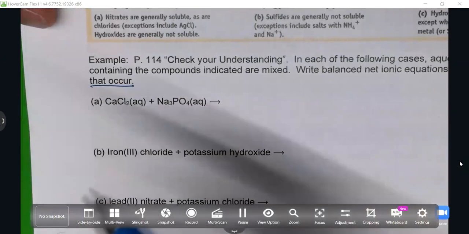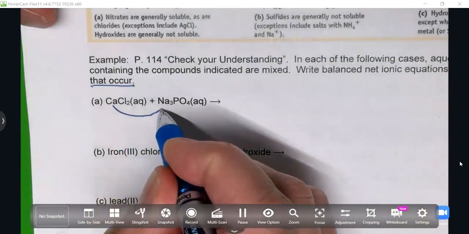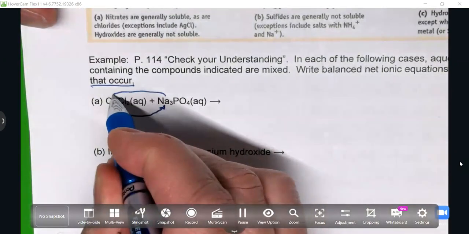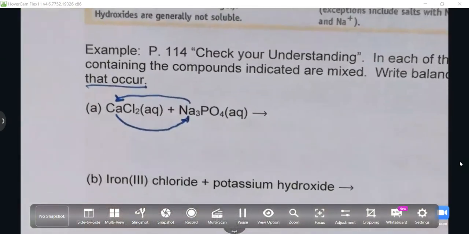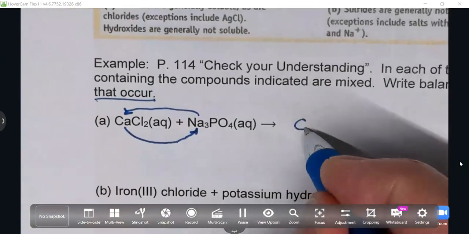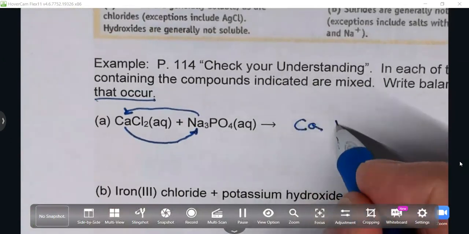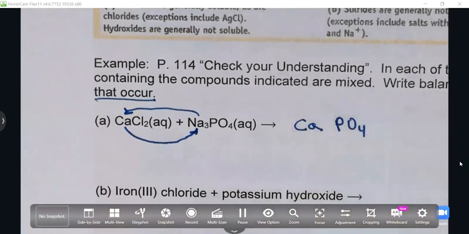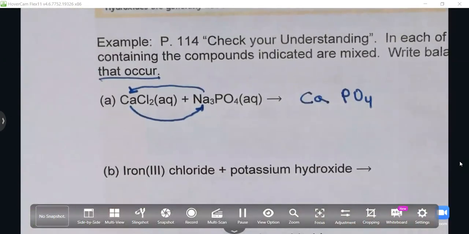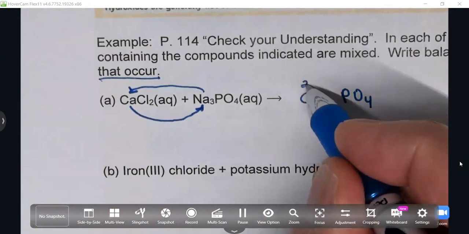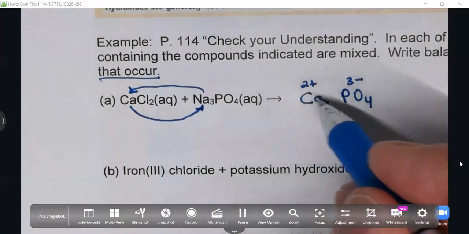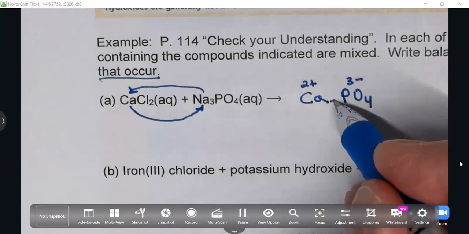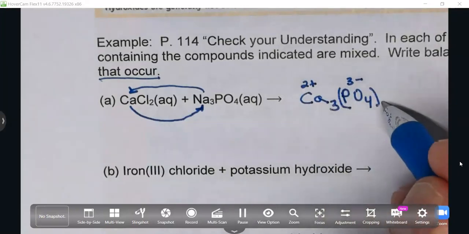So we'll just do this first one. We're going to switch the positives. If we do this first one here, we're going to end up with calcium with the phosphate, 2+ and 3-. So we're going to end up with 3 calciums and 2 phosphates.